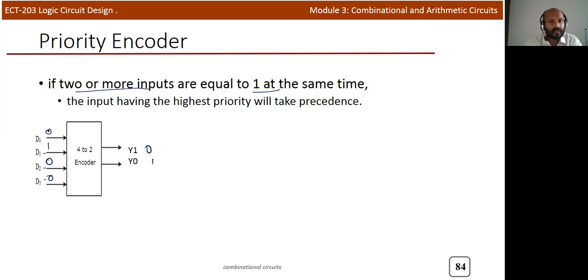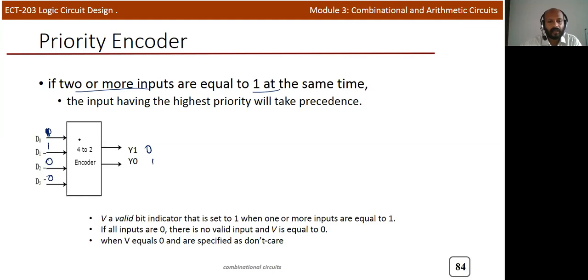But what happens if more than one input is 1, that is, D0 is equal to 1 and D1 is equal to 1? So there comes a problem. To solve such cases, we use a priority encoder and give some priority to the input lines. The input having the highest priority will take precedence and we will ignore all the other ones.